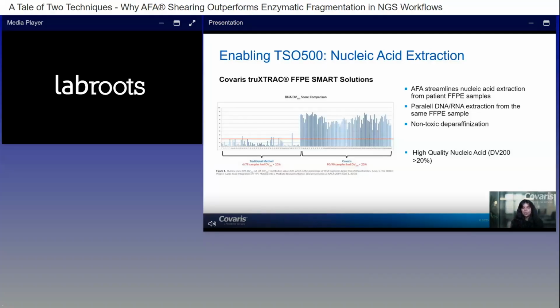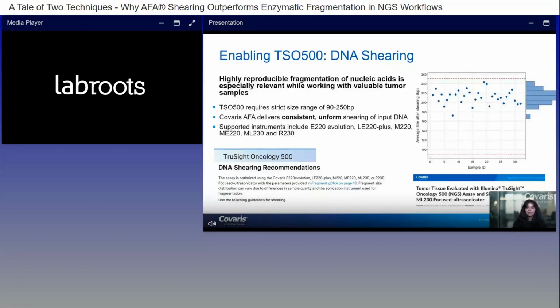Significant result. When doing TSO 500, you really want to be able to maximize the most out of your precious samples, ensuring that every sample possible is able to receive the full workflow. So that was some really powerful data that demonstrates how Covaris can enable TSO 500 through quality nucleic acid extraction.